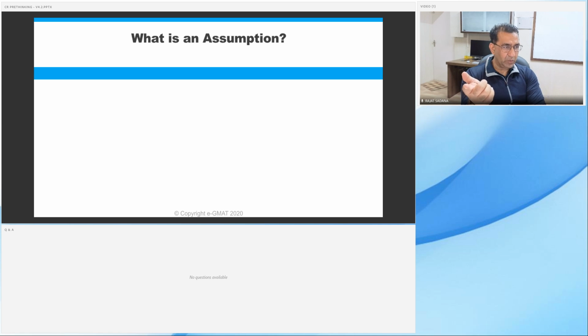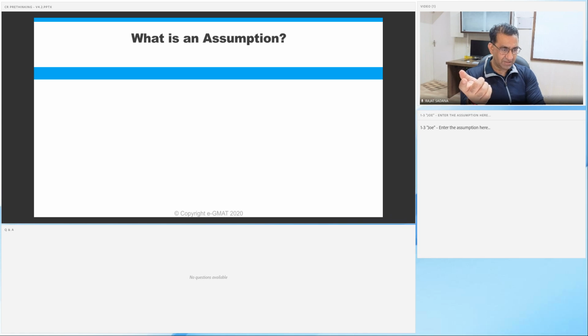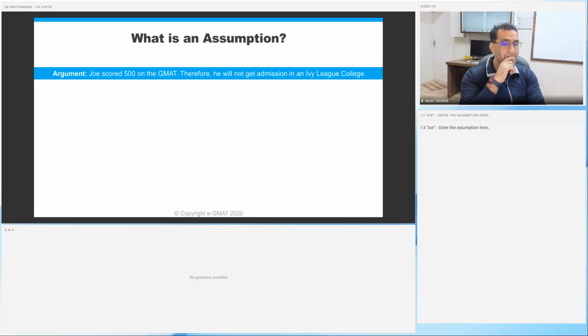To prove my point, I'm going to give you a very simple argument, an argument that you think about day in and day out, and pretty much 80 to 90% of you would be able to think about the assumption there. It should come naturally to you. So here is the argument. Tell me, what does the author assume here? Type it out, press enter.